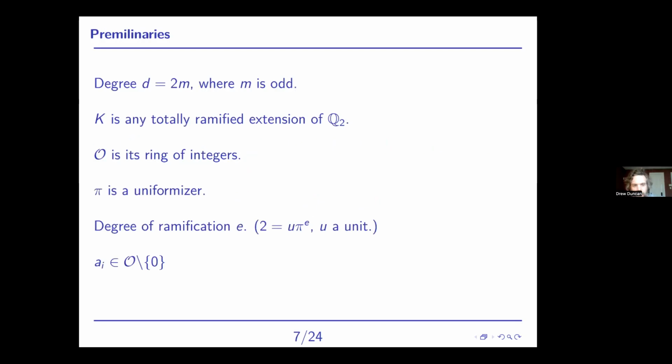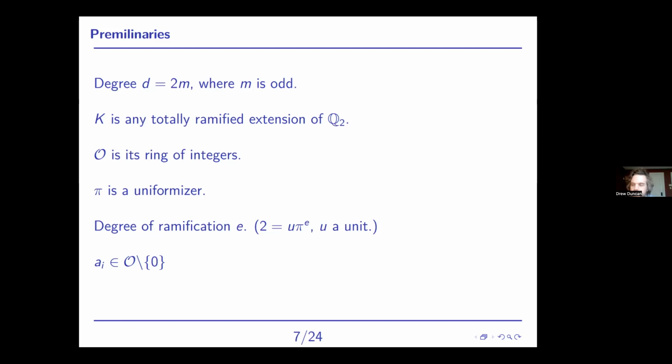Okay, some preliminaries, establishing common language so that we can communicate about this. The degree that we're talking about, D, is equal to 2m, and so m is going to represent this odd factor. K is any totally ramified extension of Q2, as we said. We'll call its ring of integers O. We'll pick a uniformizer of this ring of integers, which we'll call pi.